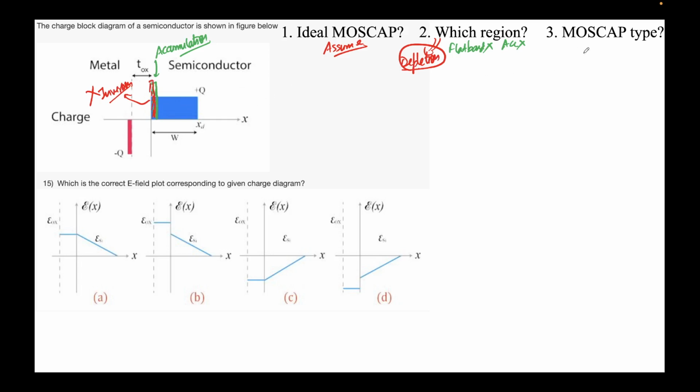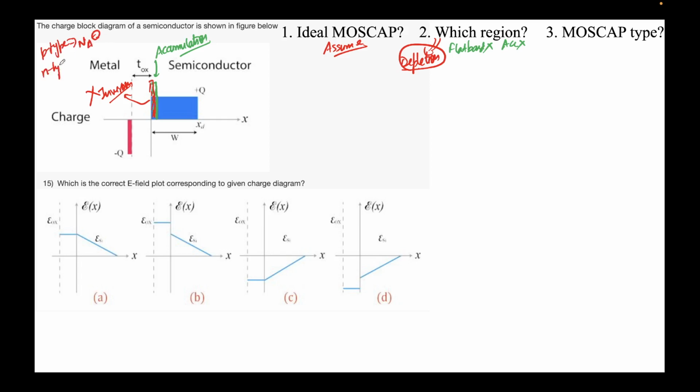All right, final question is asked, what is the type of this MOSCAP? I told you n type or p type. So we have to identify the substrate for that. You see the substrate has now the plus q, the background doping we have here is plus q. When does that happen? When you dope it p type, if holes are left you will get Na negative, correct?